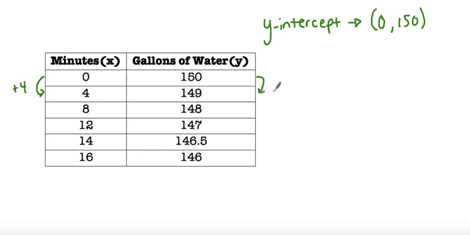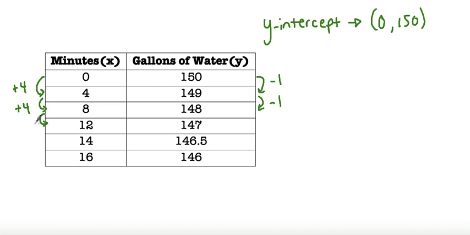Okay, so after 4 minutes, our water actually decreases. So this could represent something like a leak, or maybe you're pouring out water. So our water decreases by a gallon, so it goes down 1. After another 4 minutes, our water decreases by another gallon.